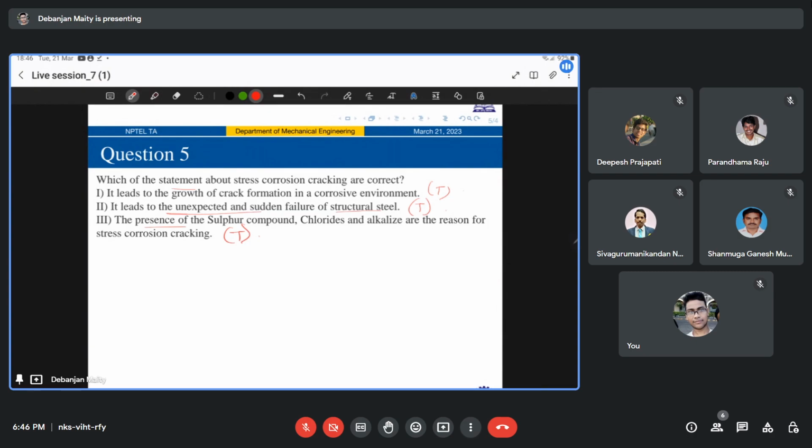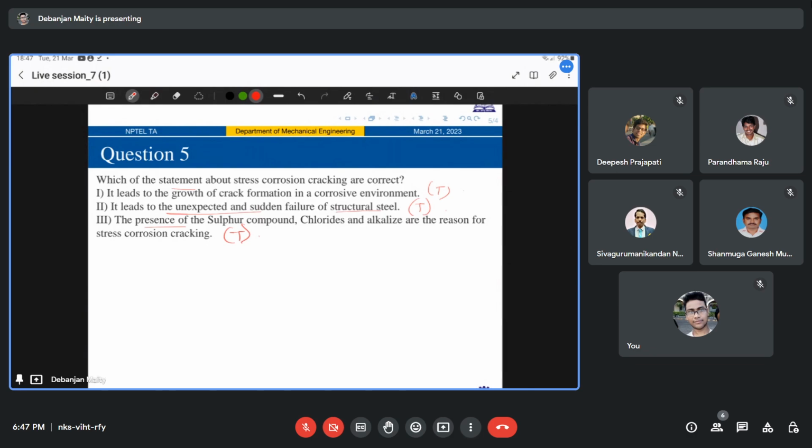So what is stress corrosion cracking? If we try to define this, let me define it this way. Stress corrosion cracking is a kind of propagation of often branched cracks.